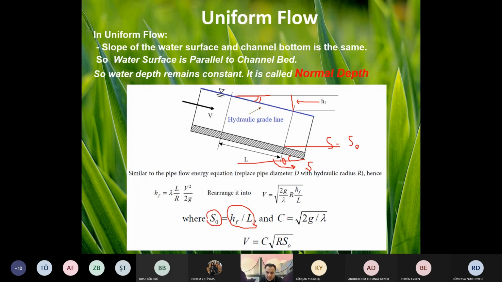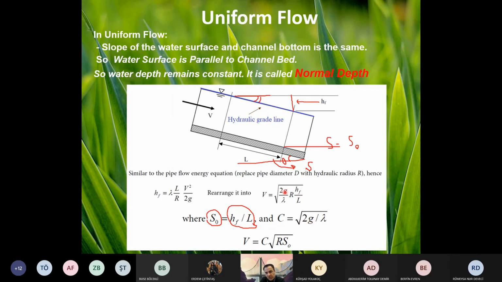So in this formula, I can replace this term, HF over L, with S0, and I can define another parameter with the name of C, which equals the square root of 2G over lambda.